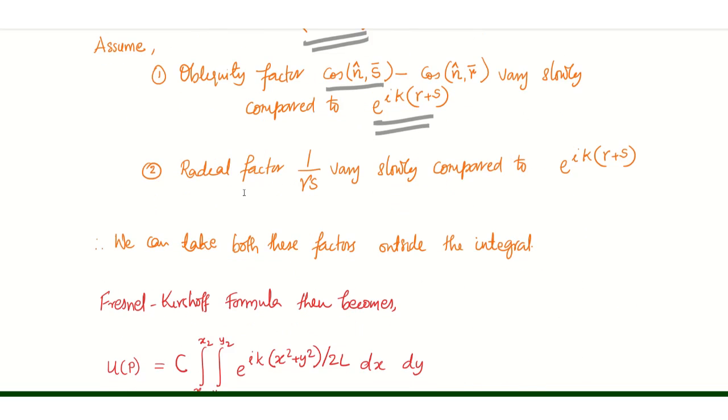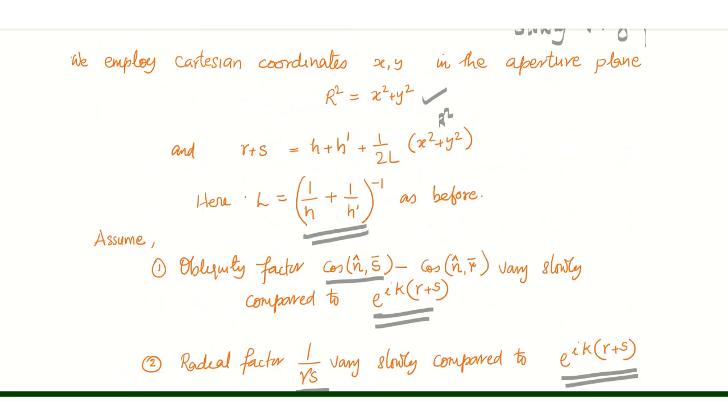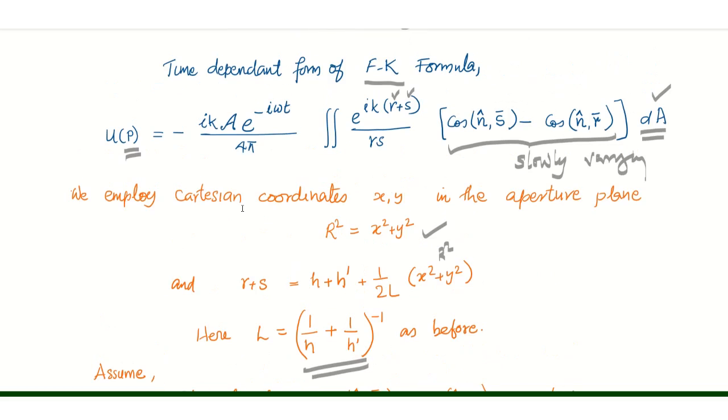The second assumption is that the radial factor, 1 over r times s, varies very slowly compared to e to the power i k r s, which is a rapidly varying function, and therefore we can consider this as slowly varying and take it out of the integral.